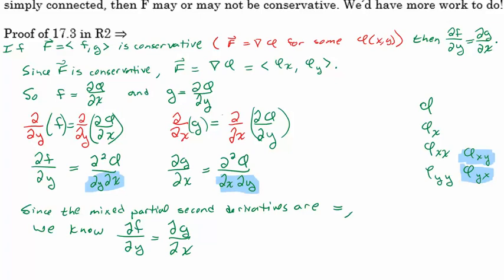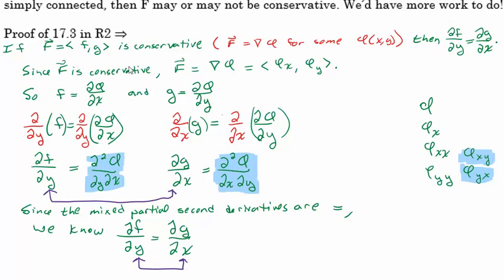Okay, so we know this blue business is equal to this blue business here. So since those two things are equal to each other, then they're both equal to these guys. So these two things would have to be equal to each other there. And that's pretty much the proof.